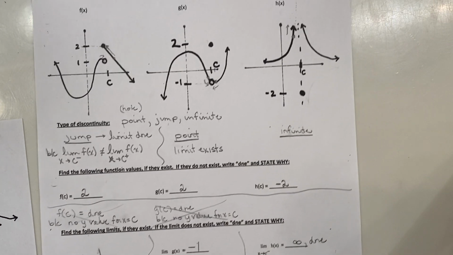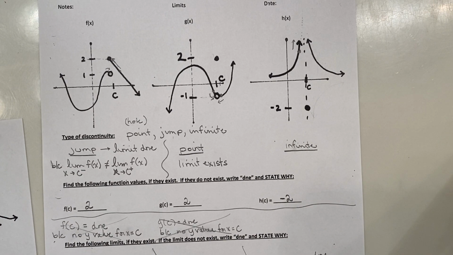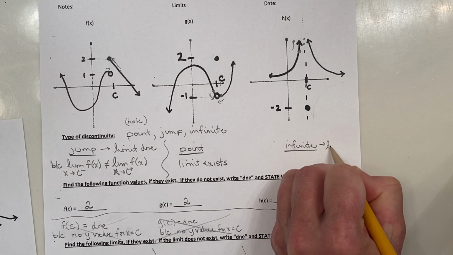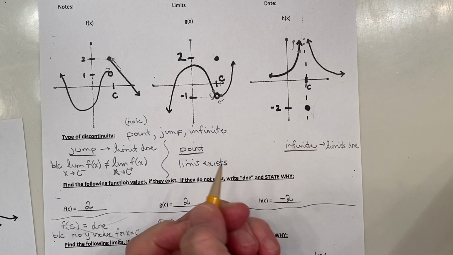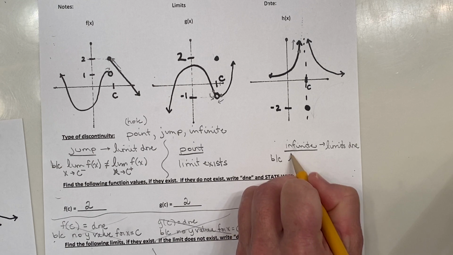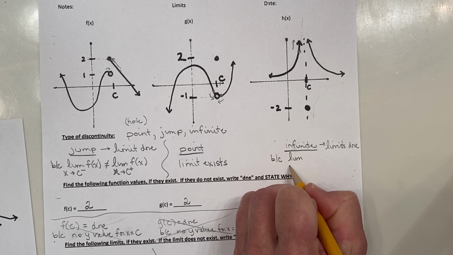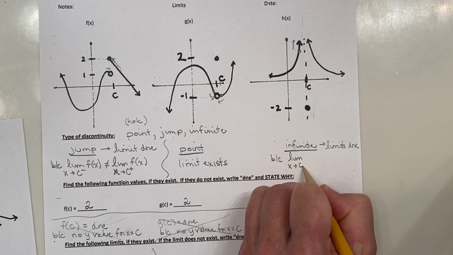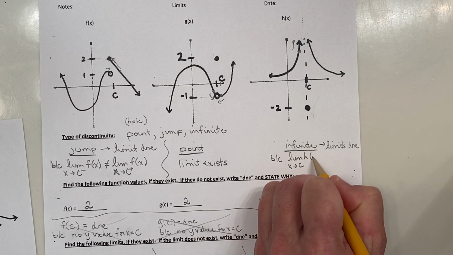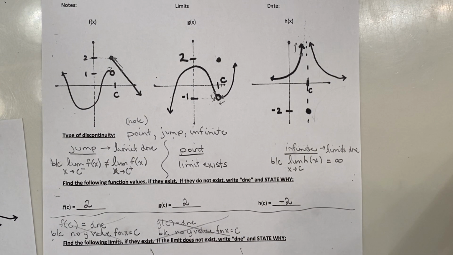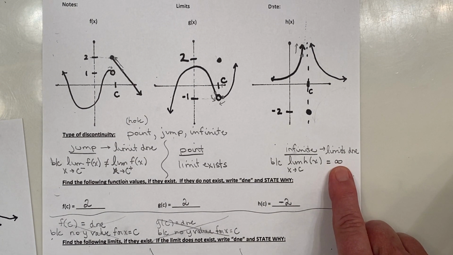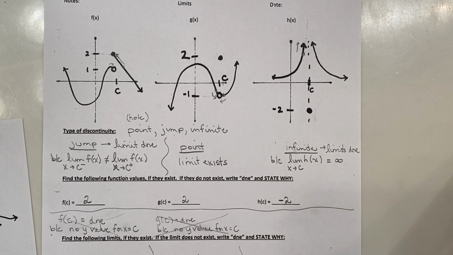And finally, will limits exist at x coordinates of infinite discontinuities? Nope. Because the limit as x approaches c of our h of x graph equals infinity, or it could have been negative infinity or both of them as well.